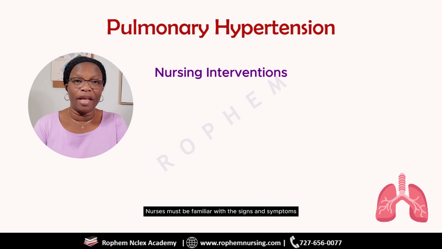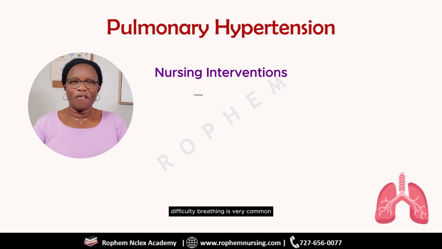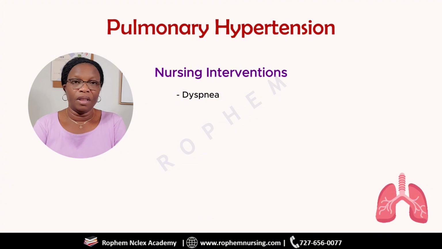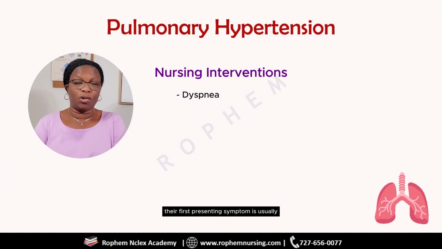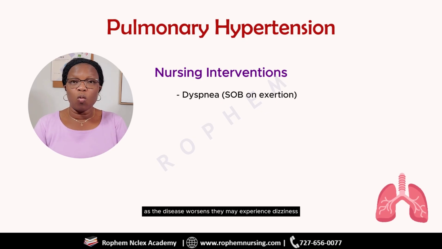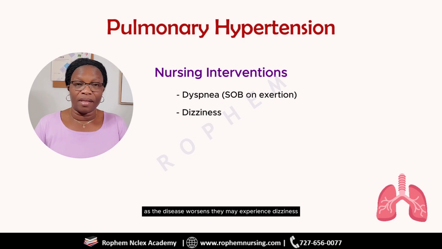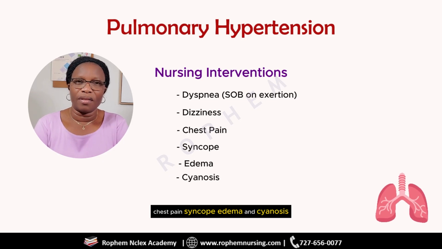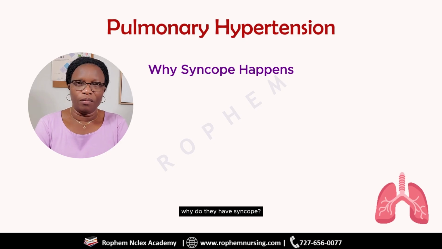Nurses must be familiar with the signs and symptoms. Difficulty breathing is very common in patients with pulmonary hypertension. Their first presenting symptom is usually shortness of breath on exertion. As the disease worsens, they may experience dizziness, chest pain, syncope, edema, and cyanosis. Why do they have syncope?